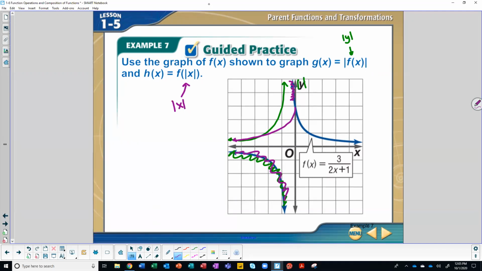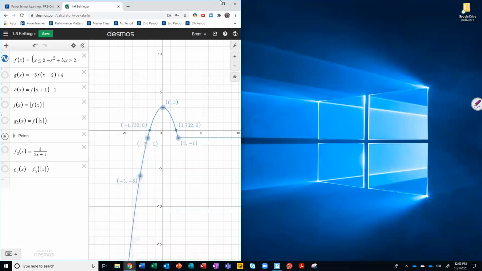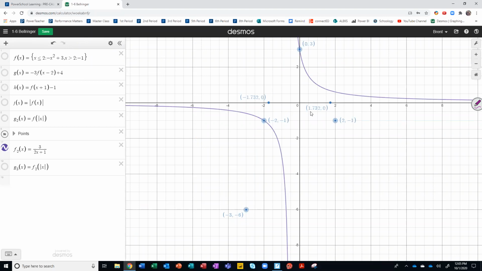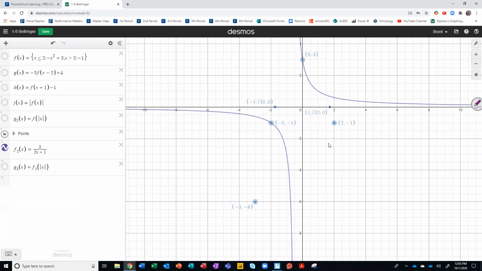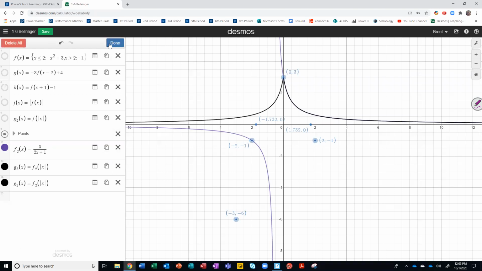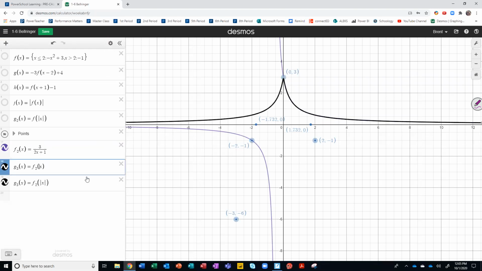And I do have those on Desmos as well. There, this graph here. Ignore those points. There was the original. When I take the absolute value of the x's, it looks like that. And I forgot to do another one with the absolute value on the outside.